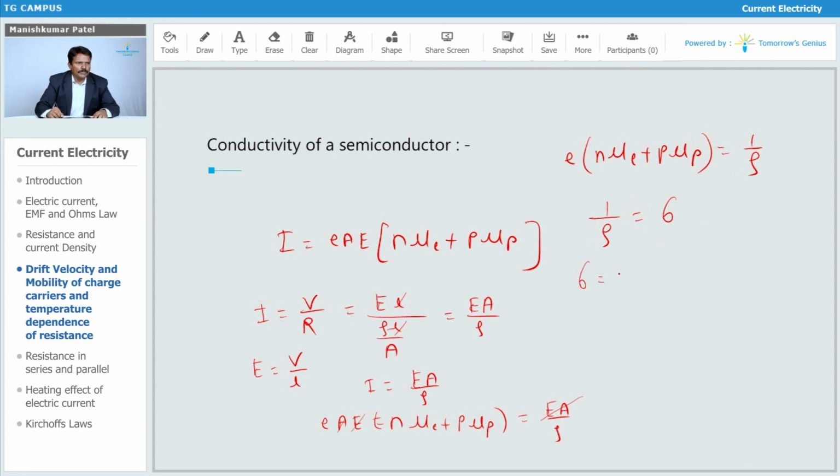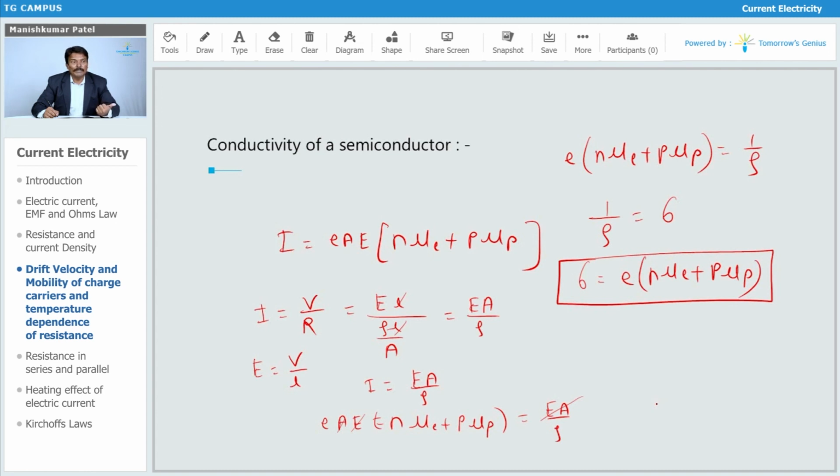So sigma is equal to e into n mu_e plus p mu_p. This is how we can write the relation between the conductivity, the charge on an electron, n mu_e plus p mu_p. That is what we call the conductivity of a semiconductor, where I'm assuming that both electrons and holes are responsible for the conductivity.